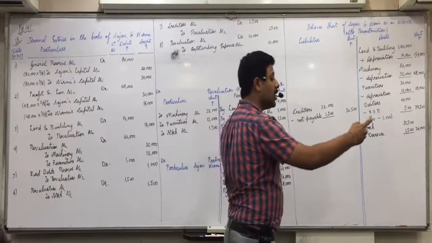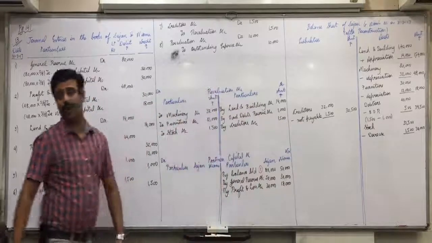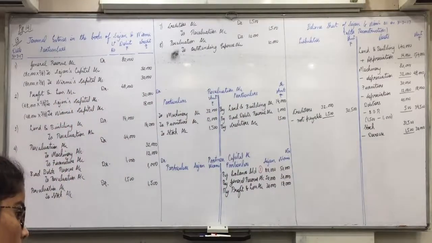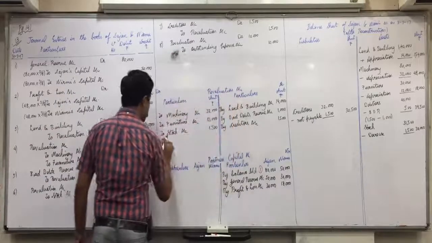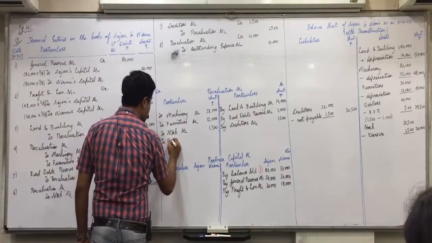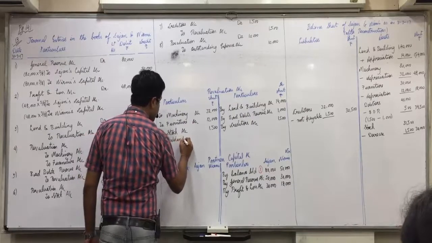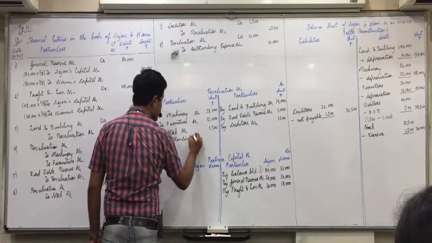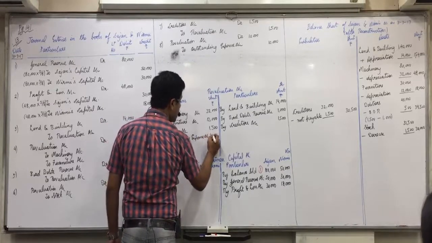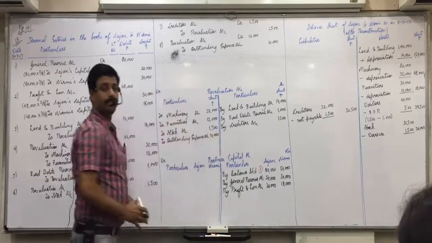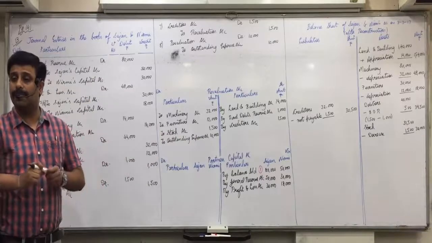Now revaluation account debit. So in revaluation account we will write it on debit side. Revaluation debit side, opposite account to outstanding expense account 10,000. Are you all clear with this?